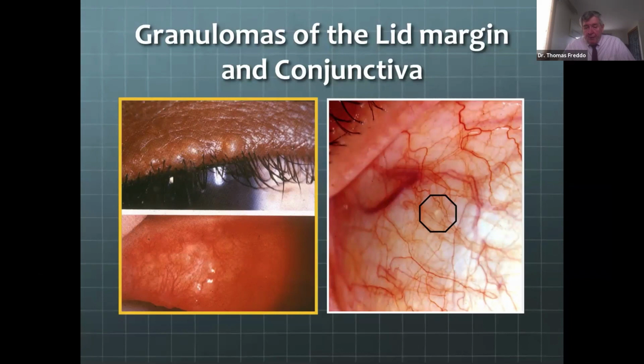If you compare the lesions on the lower left and subtract out the general redness of the lid tissue, you'll notice that these two lesions look remarkably similar, but with the white sclera underneath one and the red tissue of the lid underneath the other.